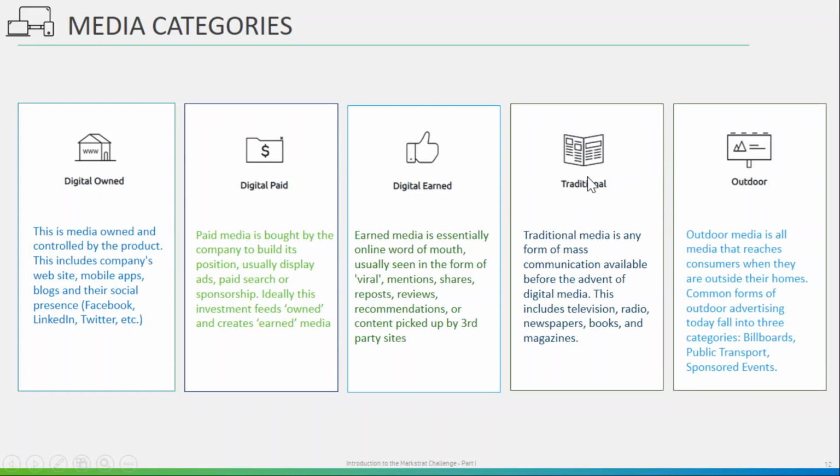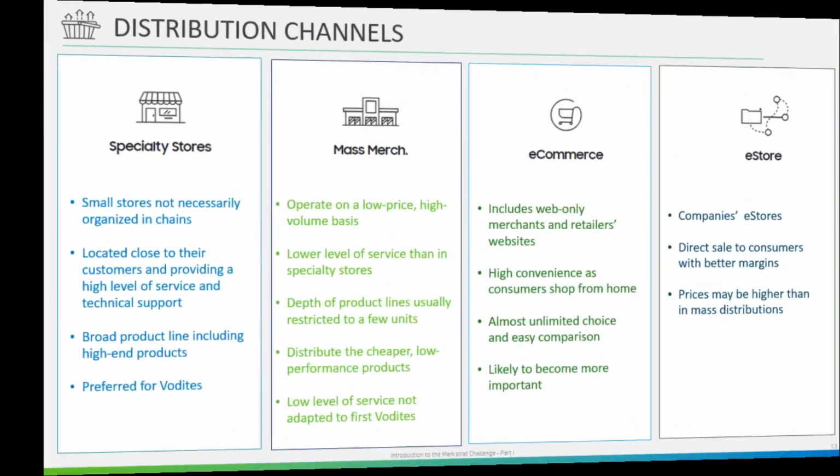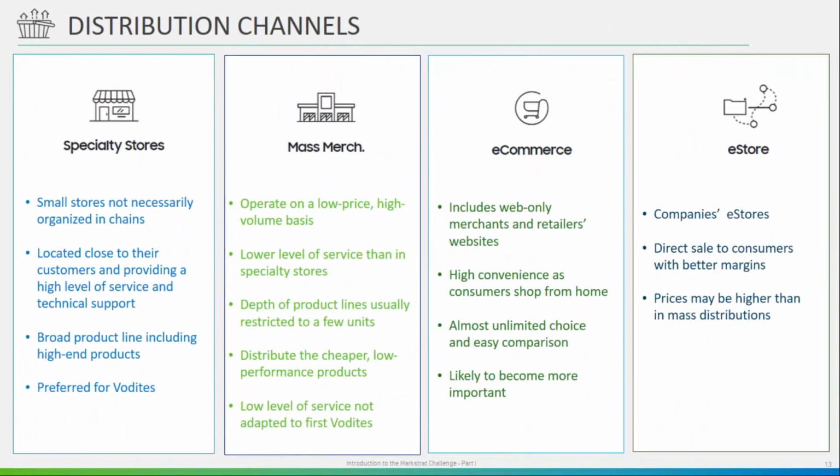Traditional, think about TV advertising, radio advertising, magazines, things like that. And then outdoor, which is things like billboards. So you can place money and focus on any or all of those categories. And again, it needs to be linked to the habits of the particular target you're after.